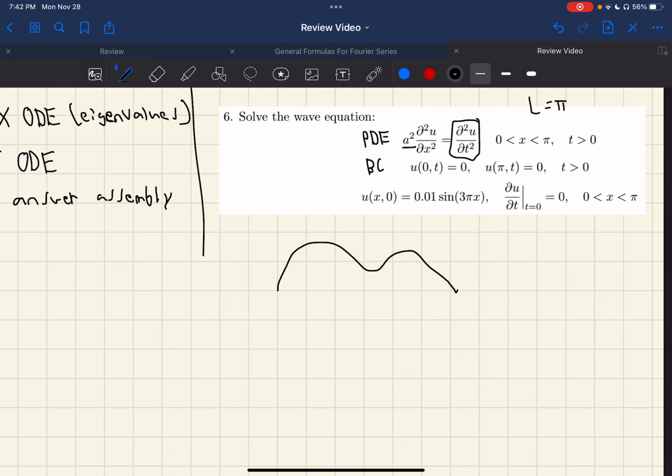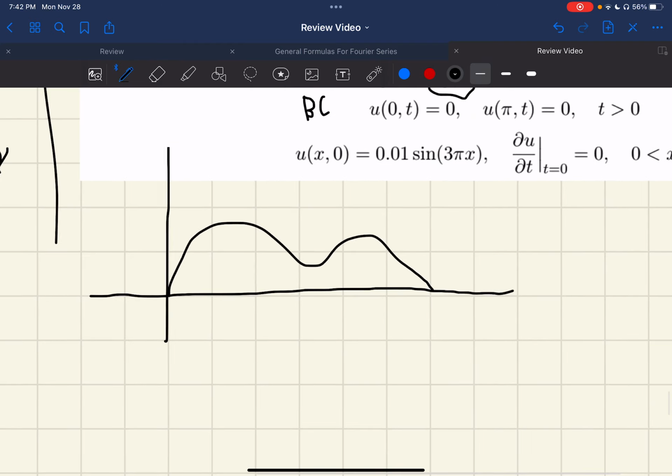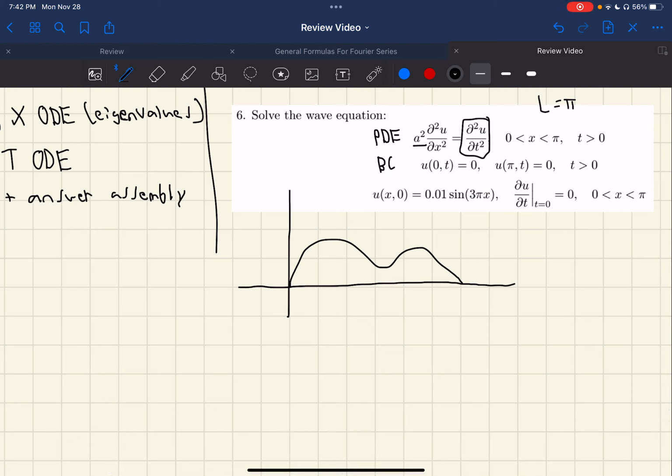So when x is 0, the wording they like to use is that it is secured to the x-axis. And then when x is L, or in this case it's pi, we look at the right end. And in this case, because it's 0, even though my drawing doesn't really show it, our right end is also secured to the x-axis.